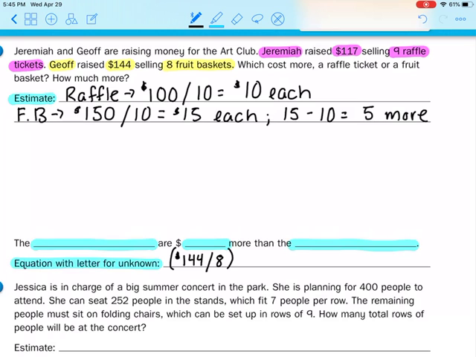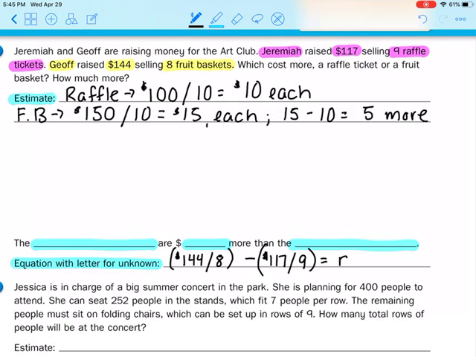And I'm going to put that in a parenthesis. You're taking that total and you're going to subtract what Jeremiah did. He sold $117 worth of 9 raffle tickets. And then you would get R for whichever costs more. You can do any letter you want.